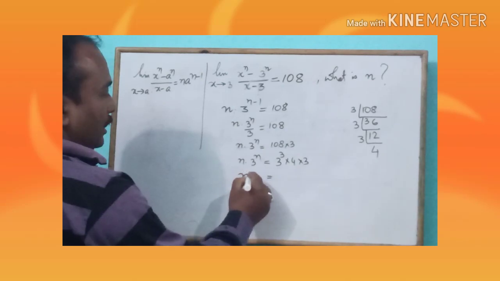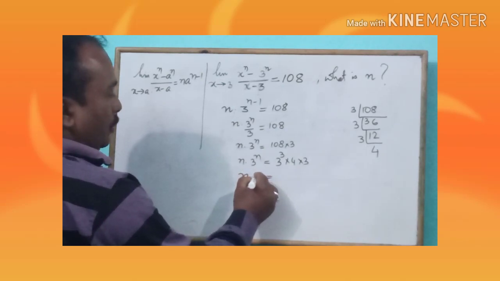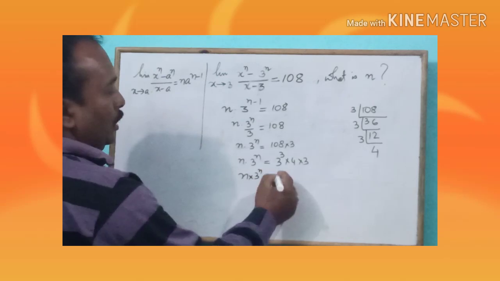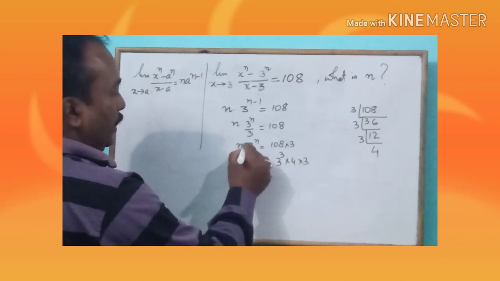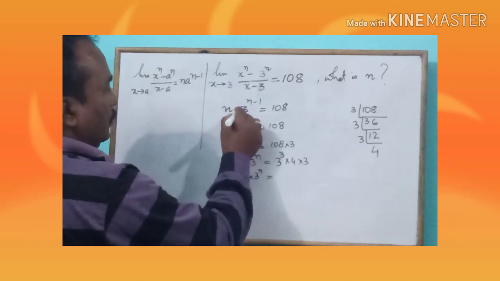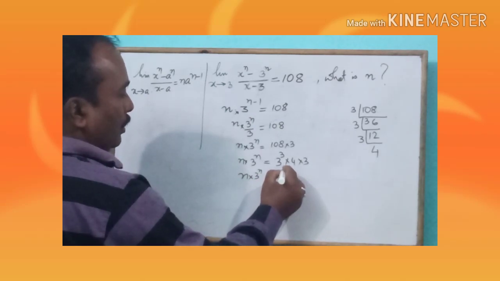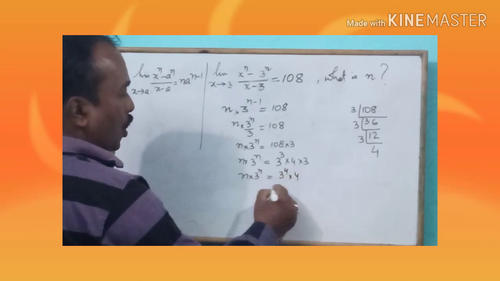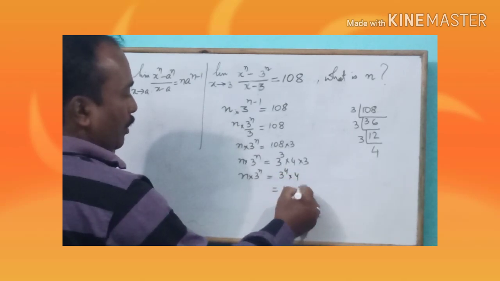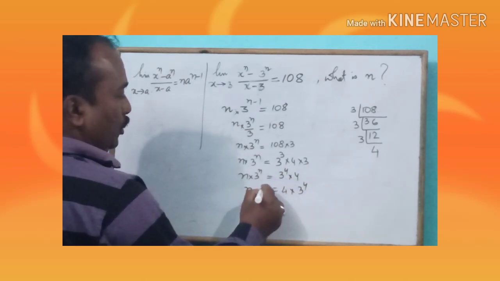Further, n 3 to the power n, this is also 3 to the power of 4 into 4, or 4 into 3 to the power of 4 is n 3 to the power n.